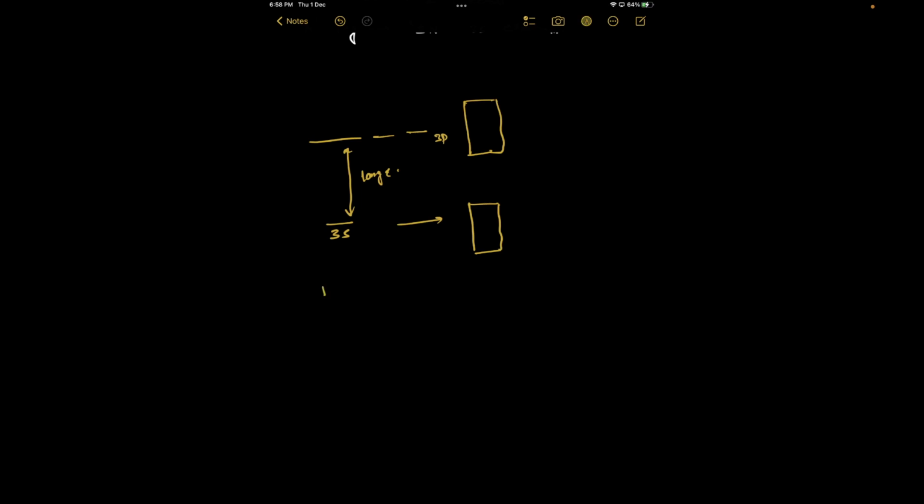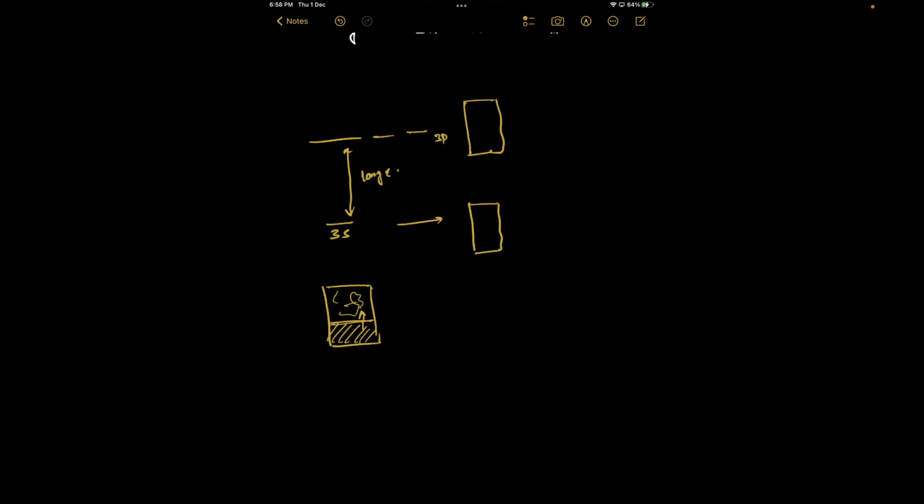Let's say this is a band where electrons are completely filled up, so this is called the valence band, and in here the electrons are empty, so the orbitals and energy levels are empty, we call it the conduction band.